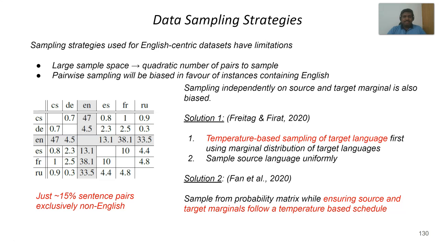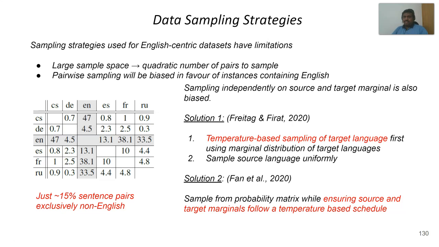So there are a couple of solutions that have been proposed. One solution is to do a temperature-based sampling based on the marginal distribution of the target languages first, so that you have sampling based on the distribution of the target data, and then sample the source language uniformly.